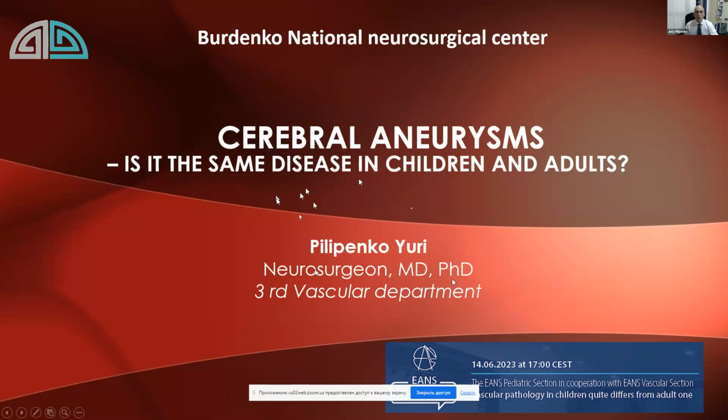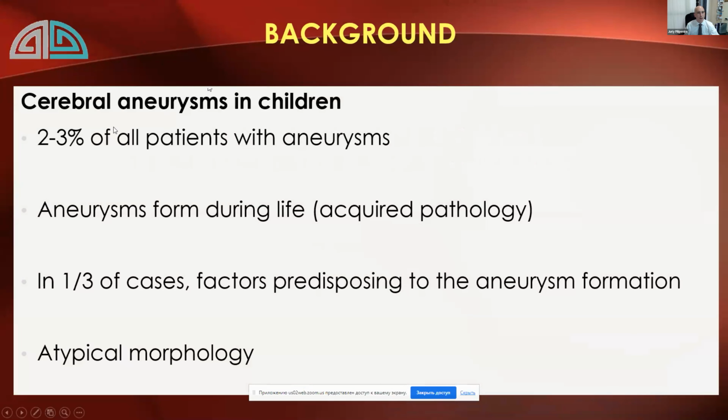My topic is cerebral intracranial aneurysms in children and the features that distinguish this pathology from adults. General information: among all cerebral aneurysms, only 2 to 3% are found in children. This is a rare pathology, but very dangerous because the complications of its natural course have a poor prognosis.